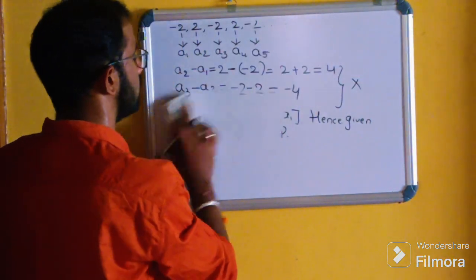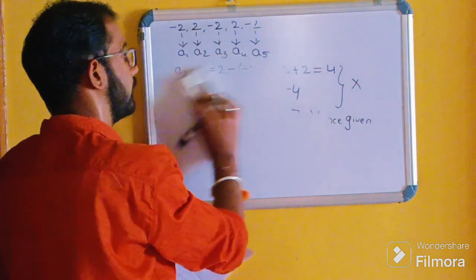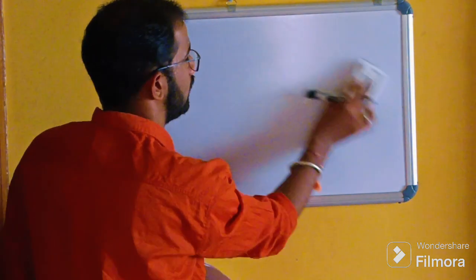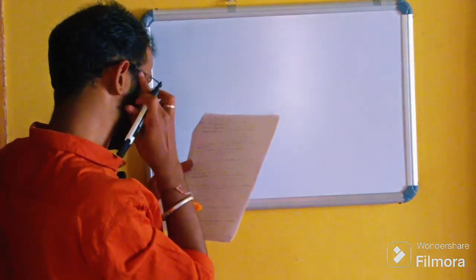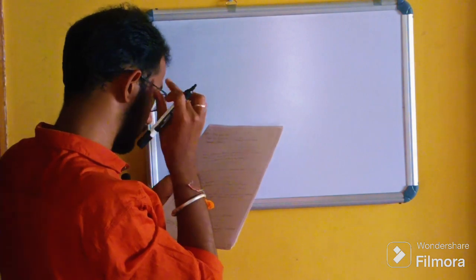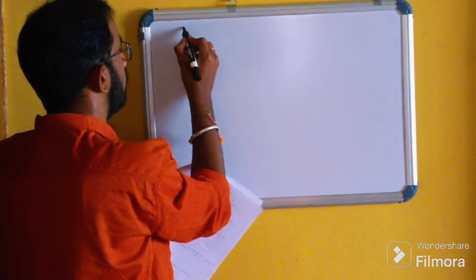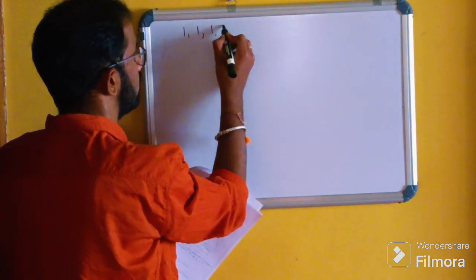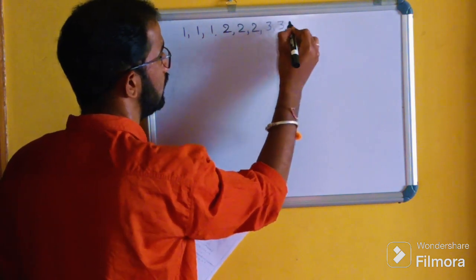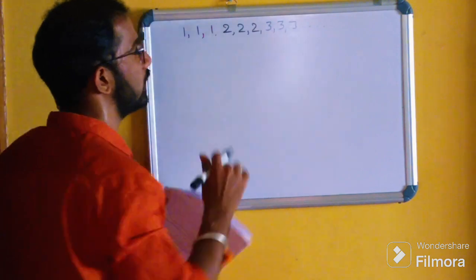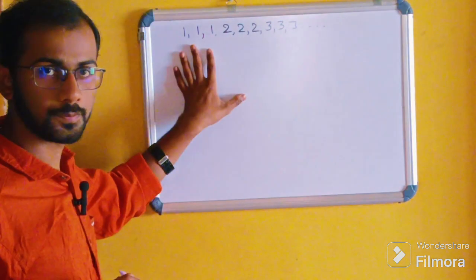Here the first 1 is A1, A2, A3, A4, A5, A6, and so on. So see here, A2 minus A1. What is the value of A2? 1. A1 is also 1. 1 minus 1 is 0.